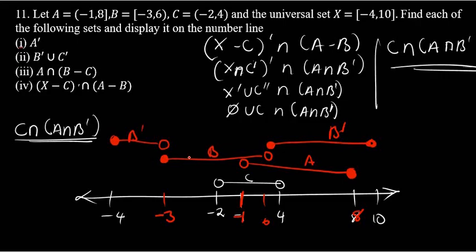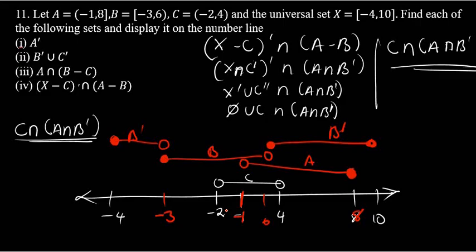Now if you look at this side, you shall see that there is no point which is meeting all of them, like C, A, and B complement, because this is B complement. Yes, this is B complement. This is B. So B complement starts from here going like this. Then A starts from 4 going like that, right?